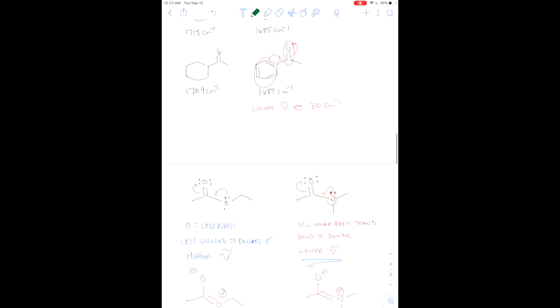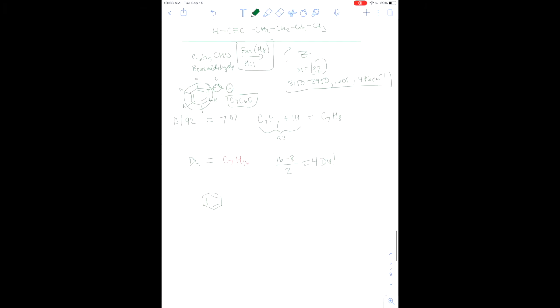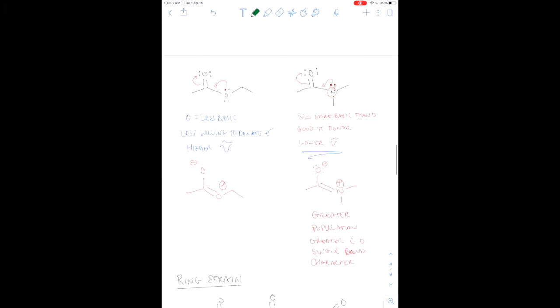I don't even remember what the number is. 3150 to 2950. So that could be something like this, and it's also kind of bordering that alkane line, but either way, we have some CHs is what we're looking at.